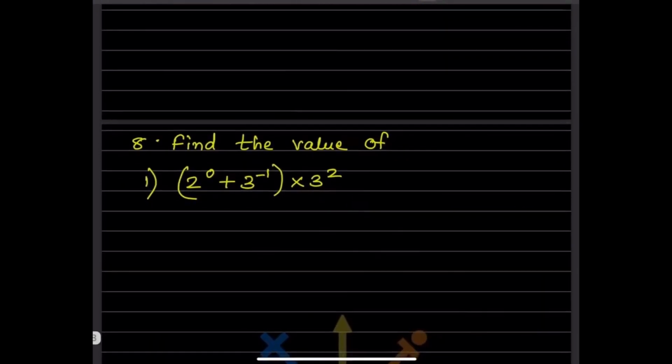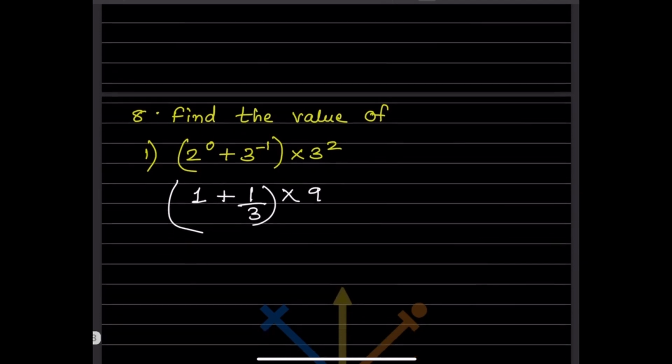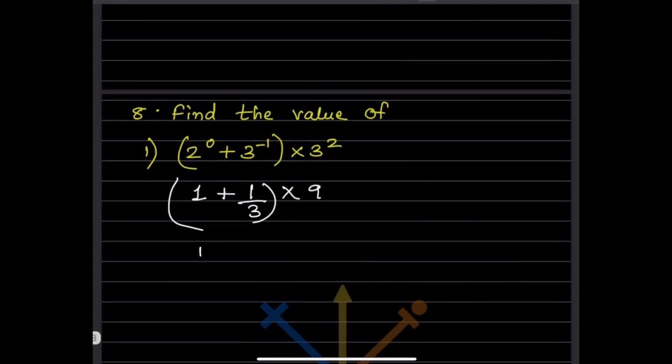Now let us see, find the value of 2 raised to 0. So 2 raised to 0, anything raised to 0 is going to be 1, and this exponent is negative, so you are going to write 1 by 3, and 3 raised to 2 means that is going to be 9. So first thing what you are going to do here, you are going to take the LCM, so that will be 1 by 1, you can write like this first.